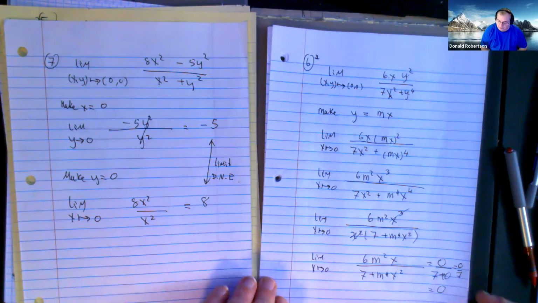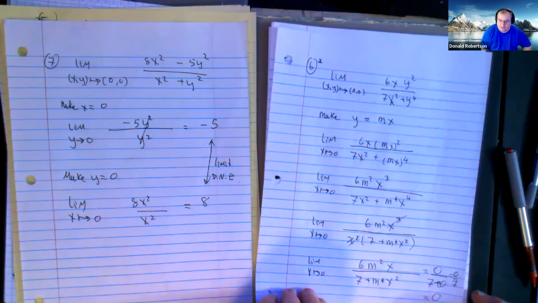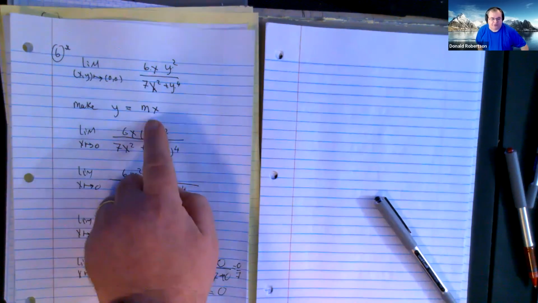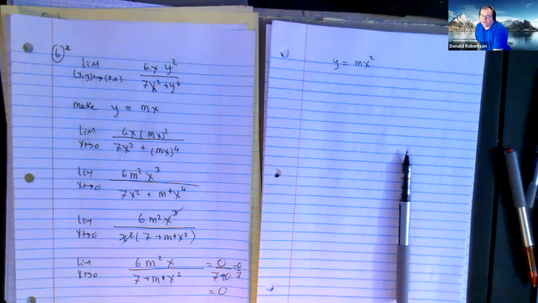Right? So if I go that direction, I get 0. And you might think, oh, that's great, the limit is 0. Hold your horses. I just chose that direction. Couldn't I have made y equals mx squared?